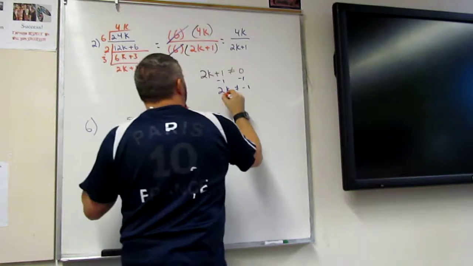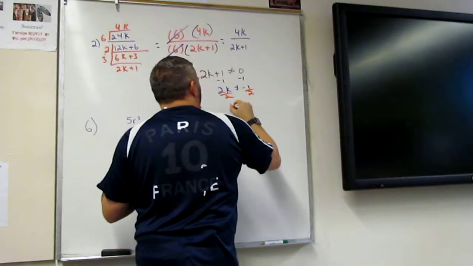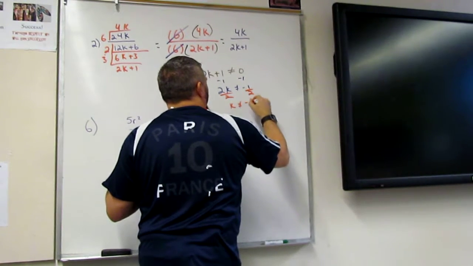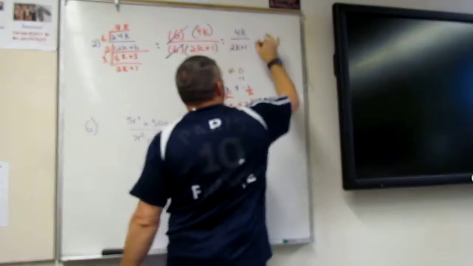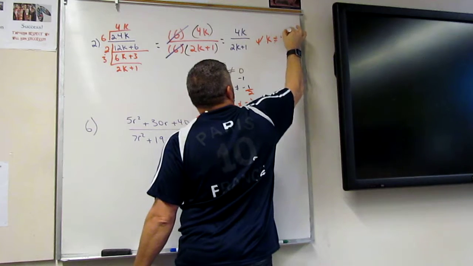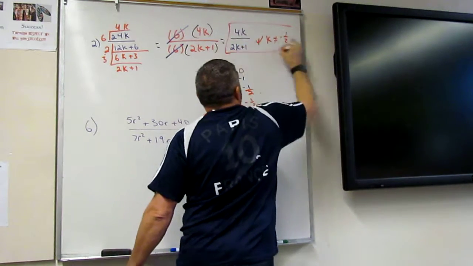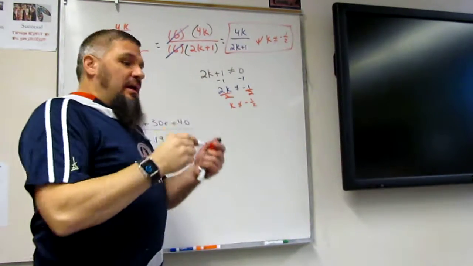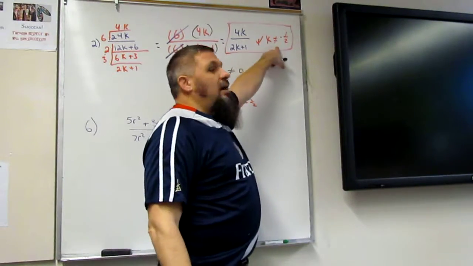I divide by 2 and get k cannot equal negative 1/2. So this is your answer, and this tells us what k cannot be.